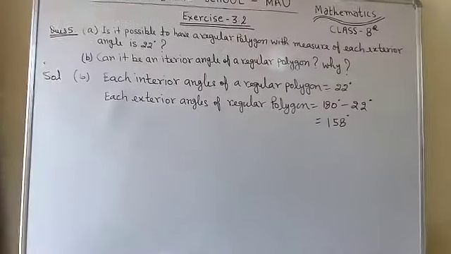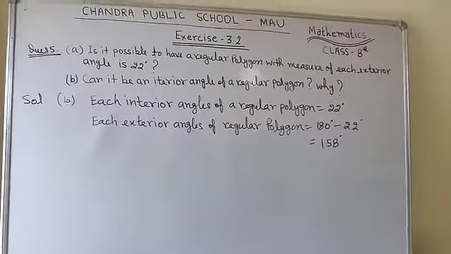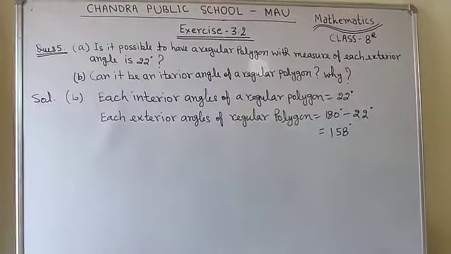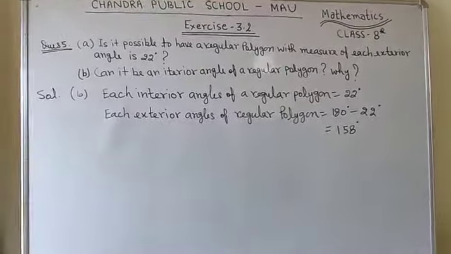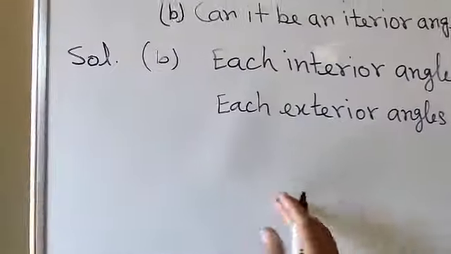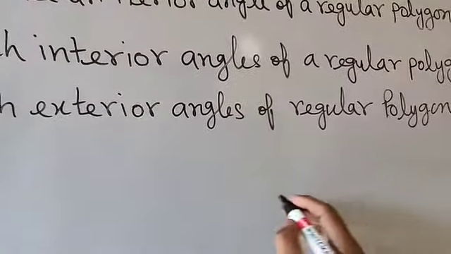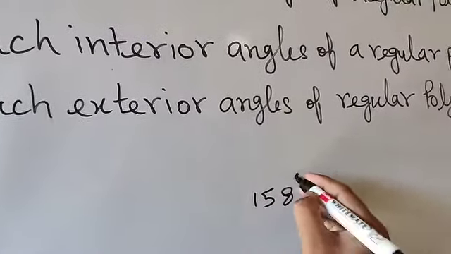So if each interior angle of that regular polygon is 22 degrees, then each exterior angle will be 158 degrees.